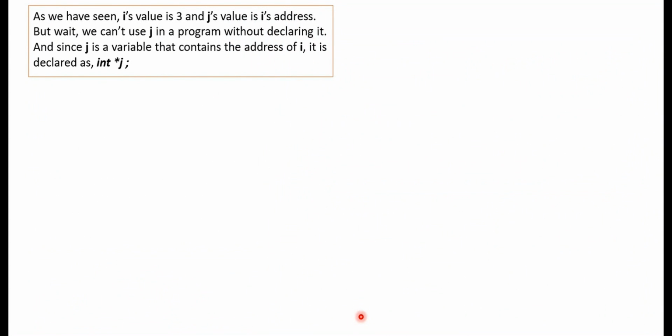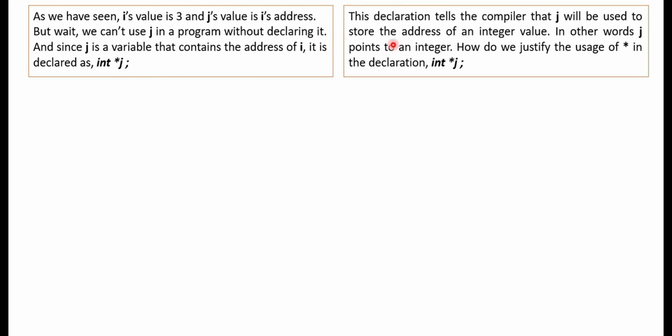But wait, we can't use j in a program without declaring it. And since j is a variable that contains the address of i, it is declared as int *j. Now this declaration tells the compiler that j will be used to store the address of an integer value. In other words, j points to an integer.